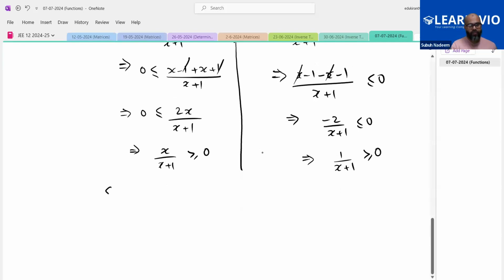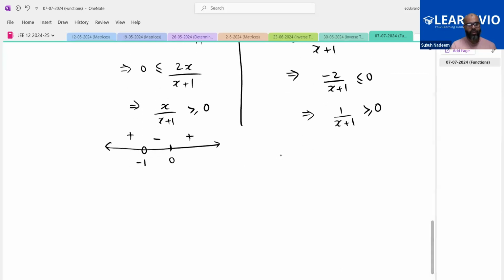Now here, if we see the sign scheme, it is 0 and -1. So it is positive, negative, positive. Which value do we take? Positive value. So x belongs to minus infinity comma -1 union 0 comma infinity. -1 we are not including because it is in the denominator, making it 0.